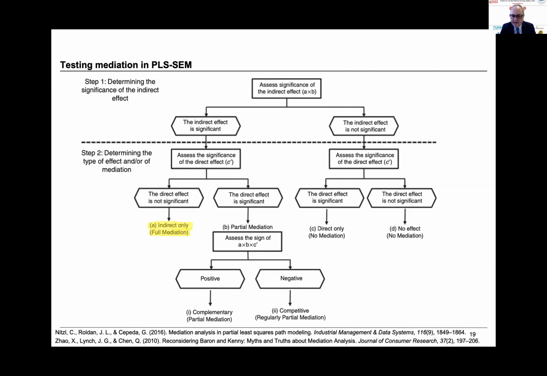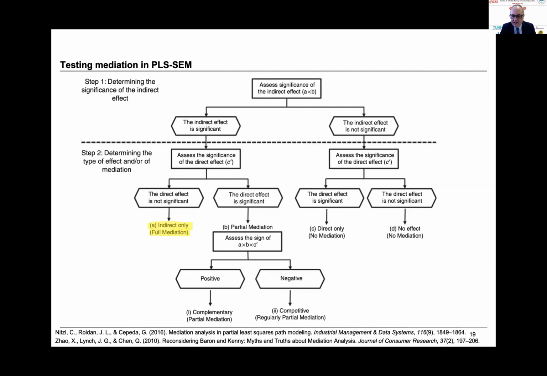This situation has been defined as full mediation. It means the effect of the independent variable X on the dependent variable Y is completely transmitted with the help of a mediator variable. In case the direct effect is significant, we have a partial mediation. This means that the independent variable X simultaneously influences the dependent variable directly and indirectly via the mediator. Then we should assess the sign of the product A times B times C prime.